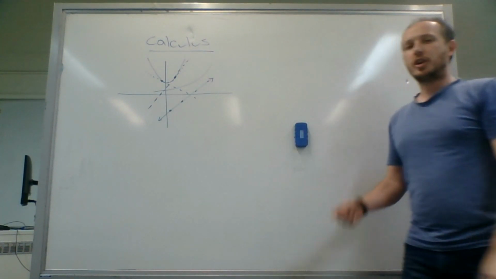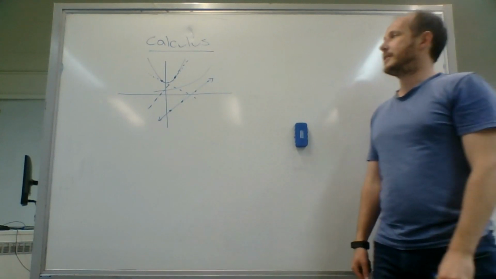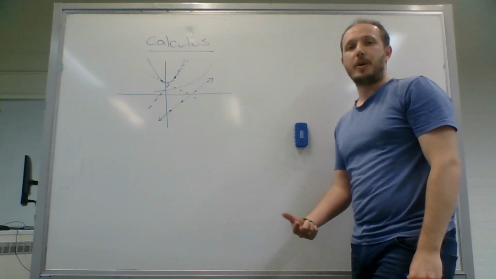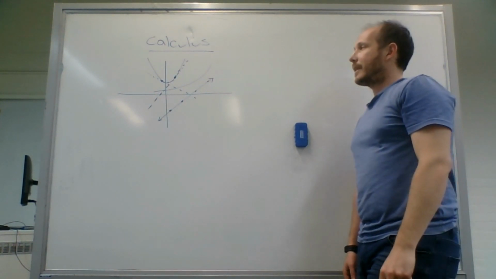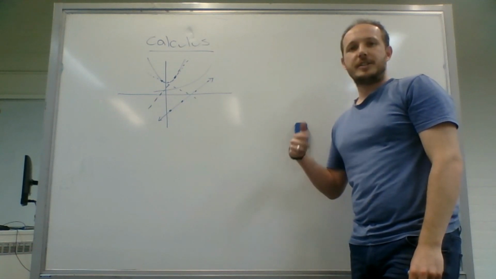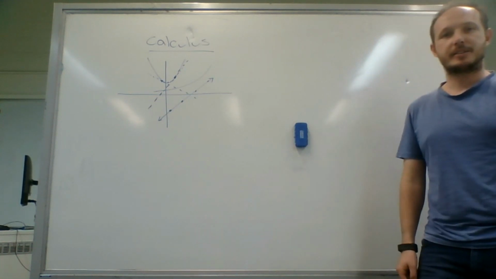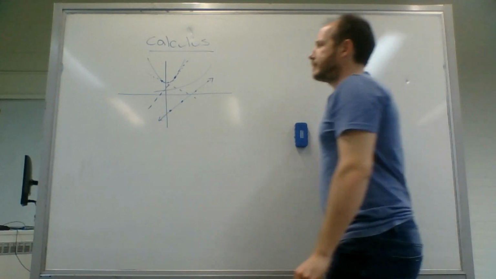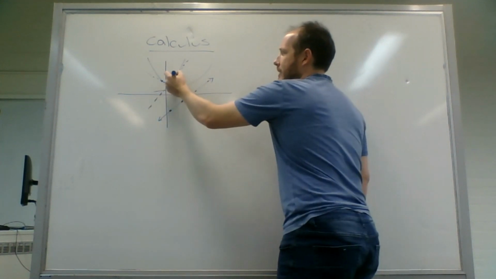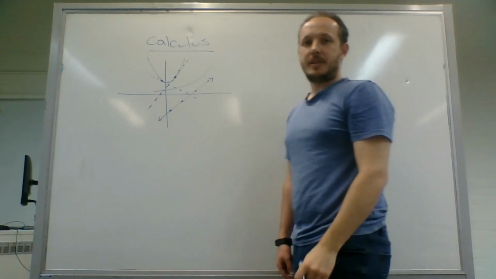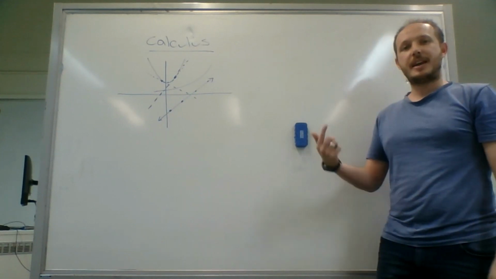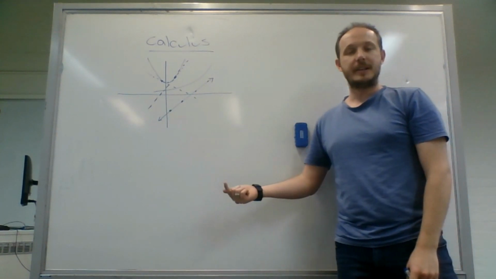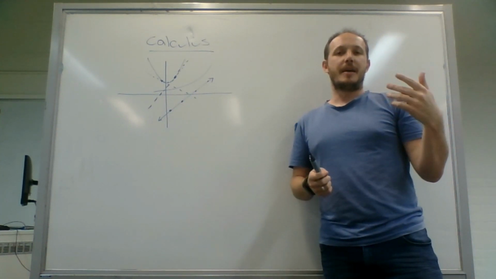So the slope is constantly changing, and what we want is a way to work out the slope of a function so that we don't have to continually recalculate it. Sure, I could take this point and estimate it with a straight line, but that would give me the slope at one point, but not necessarily any other point.